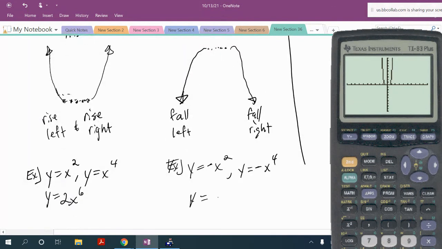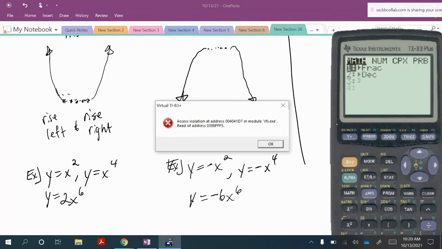And we'll do another one. y is equal to negative 6x to the 6. All right, so let's graph these and just take a look at the end behavior.